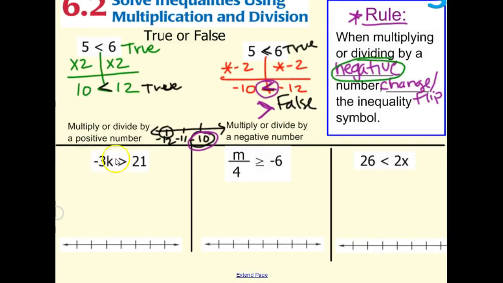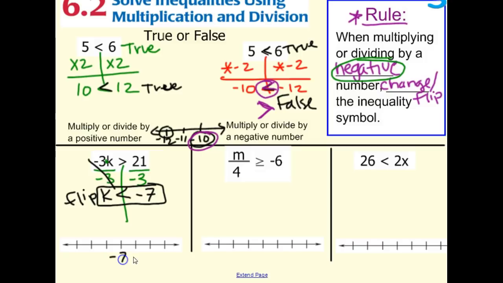Okay? So right here, to get k by itself, the opposite of multiplying by -3 would be dividing by -3. Okay, we divided by a negative, so our symbol has to flip. So we're going to flip that the other direction. We have k is less than a negative, well, 21 divided by -3 is -7.